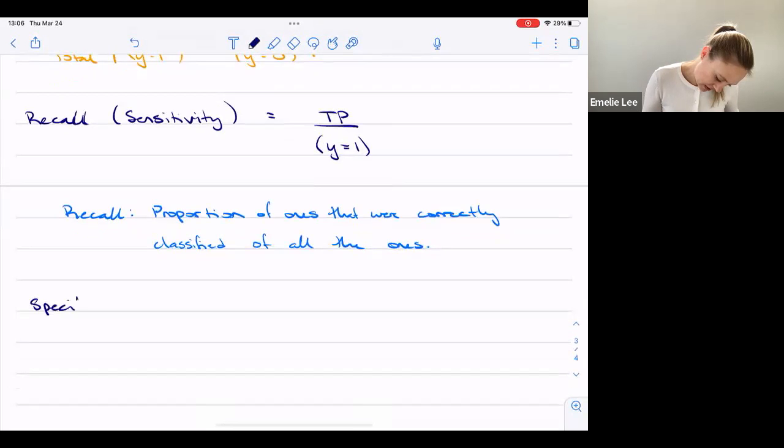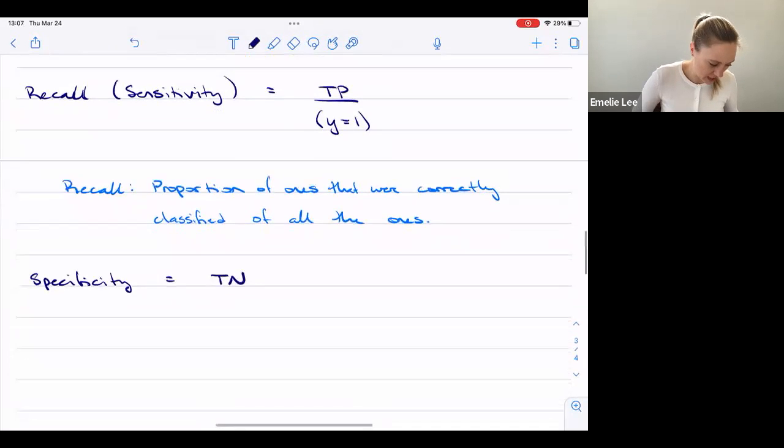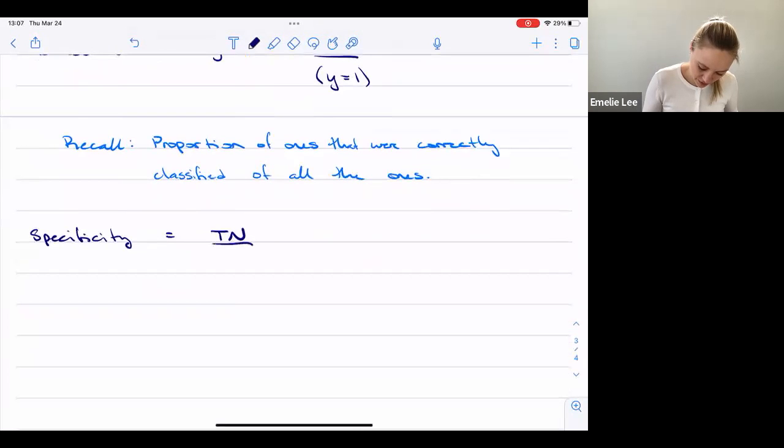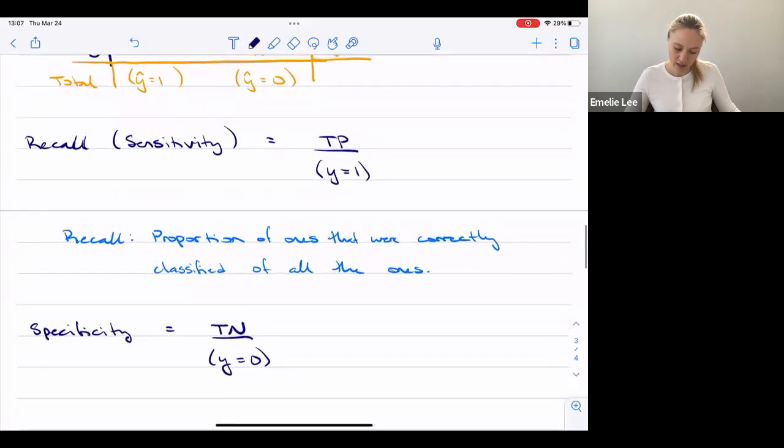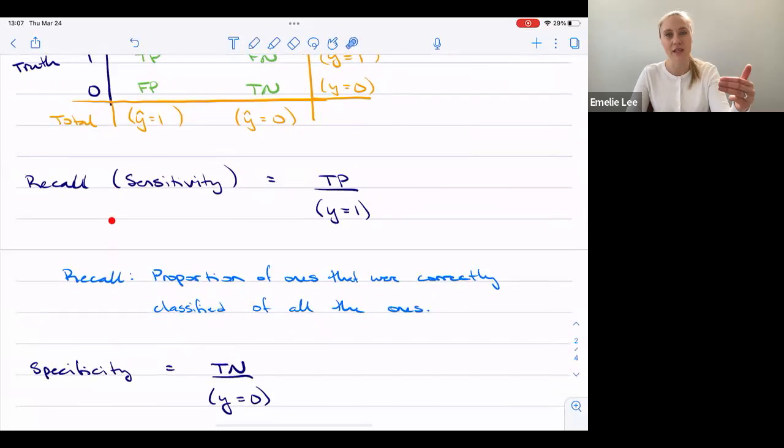The specificity is hard to say, but not hard to find. It's going to be the true negatives over those that are truly zeros. So it's kind of the flip side of the recall.